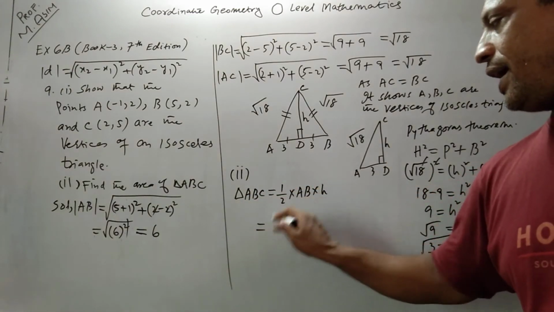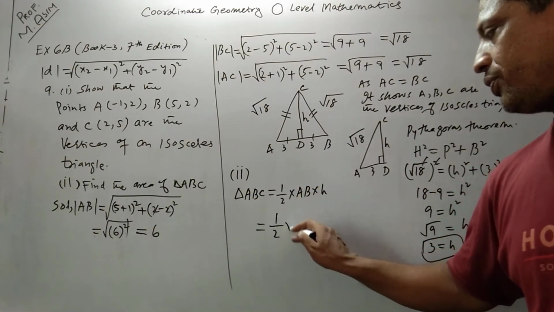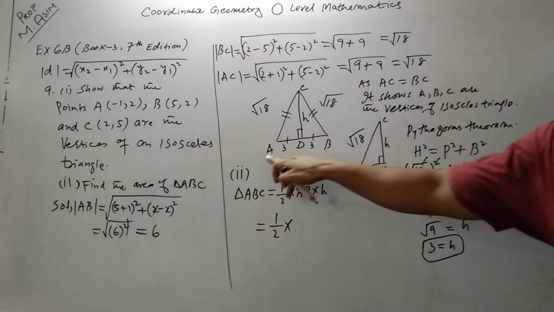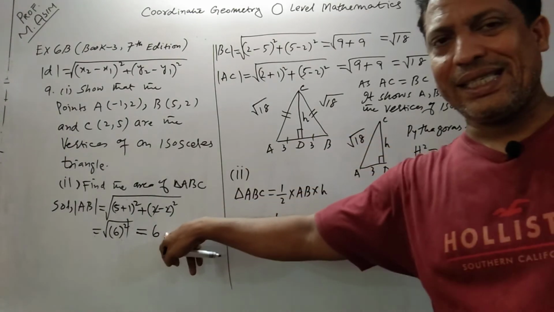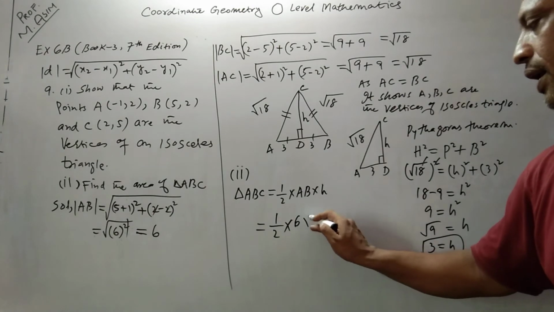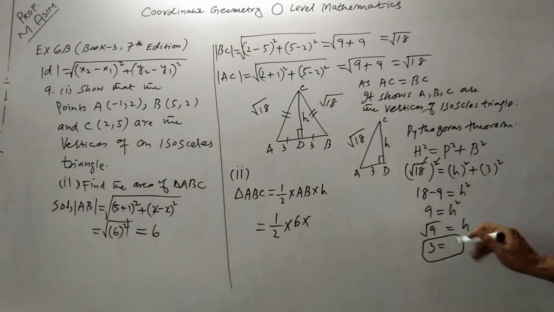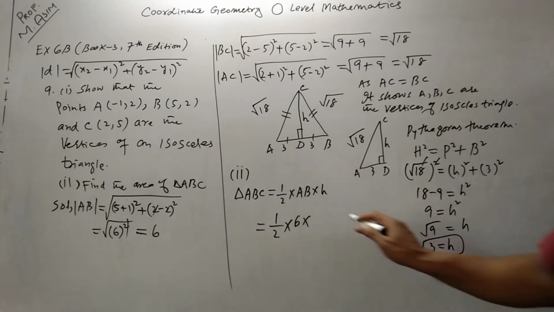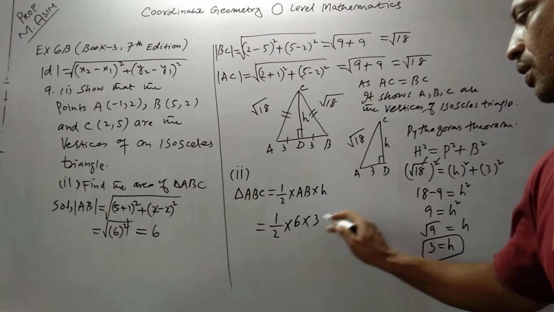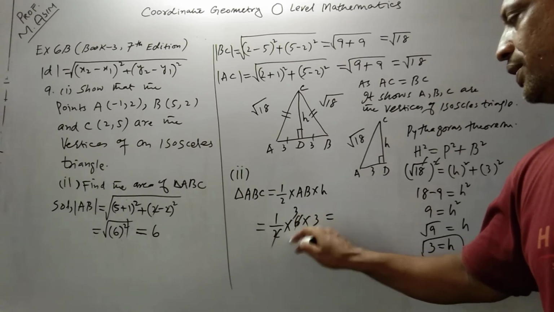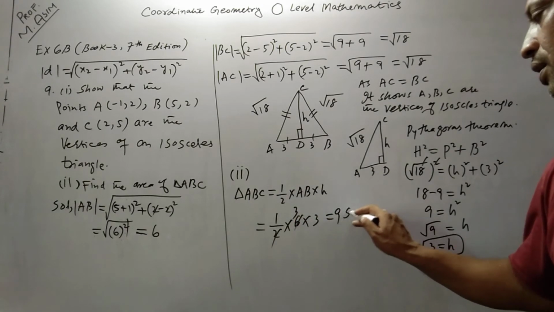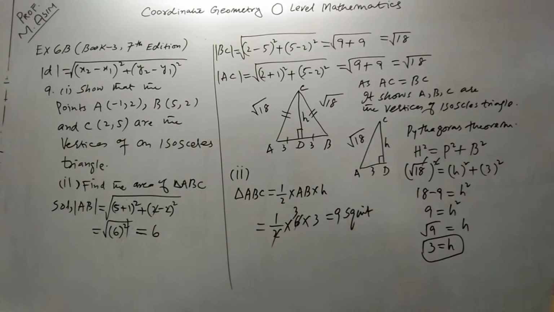Again, come to the question. Hence the area of triangle ABC is 1 upon 2, base is AB, the whole AB is 6, and height we just found by using Pythagoras theorem, which is 3. So 2 1s are 2, 2 3s are 6, 3 3s are 9 square unit. This is the answer of part 2.